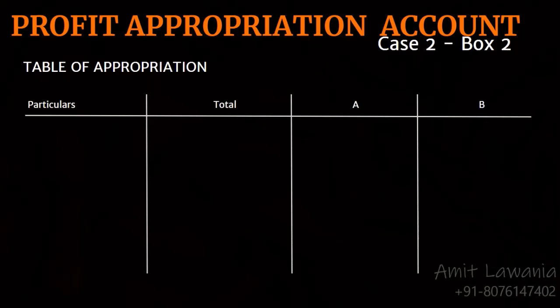Now, let us put the items that are unrelated to appropriation of profit, starting with capitals of the partner. Rupees 10 lakhs by partner A and 0 by partner B. So the total will be rupees 10 lakhs. No other such item mentioned in the question.